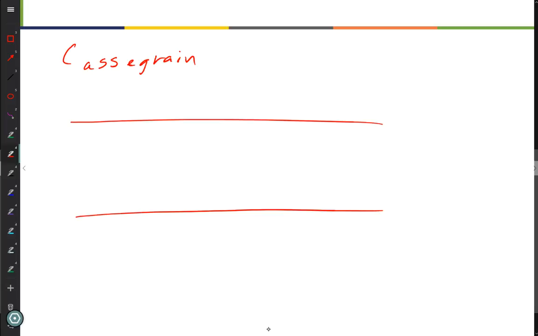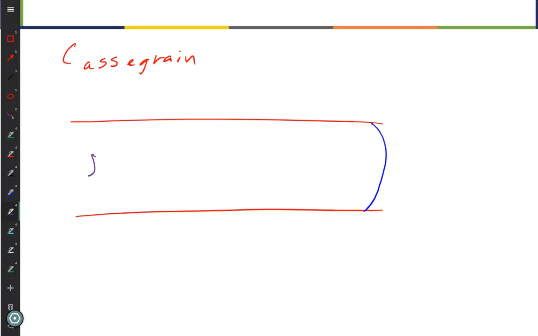Or we could take a Cassegrain design. The Cassegrain design, you have your telescope and you have your primary mirror back here, your objective, and then you have a secondary mirror here, and then you have, oh crud, I forgot with this I can't erase easily.